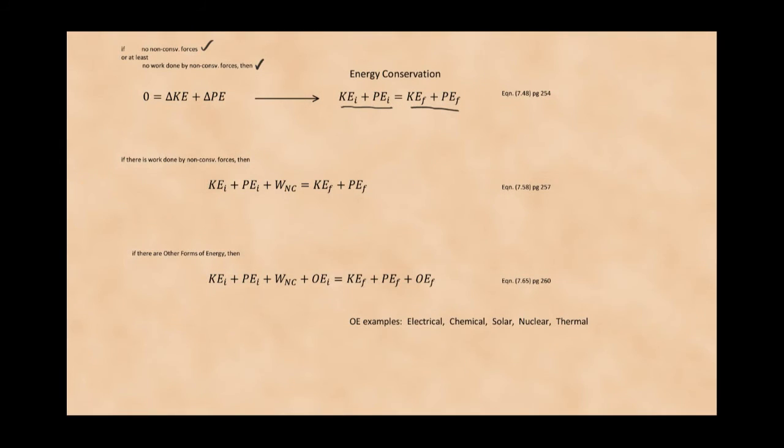In the case where work is done by non-conservative forces, so if we have a problem where there's friction, for example, then our work energy theorem, or our energy equation, turns into this, where we have an initial total energy, a kinetic energy plus a potential energy, plus the work done by non-conservative forces will equal the final total energy, final kinetic plus the final potential.